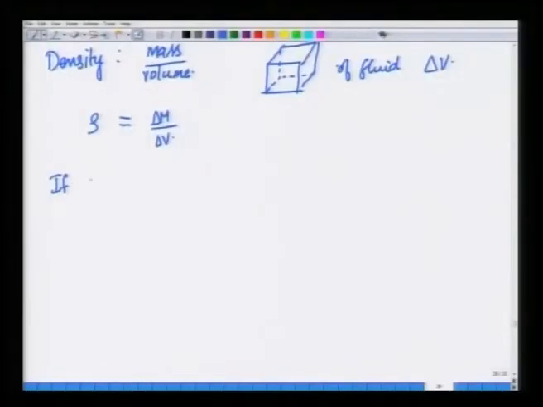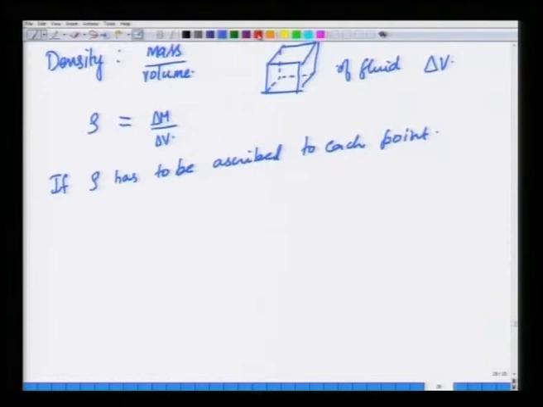So, if density has to be ascribed to each point in a fluid flow, I would take a point, and around that point construct a cubic volume element of volume delta V, and define density at that point.